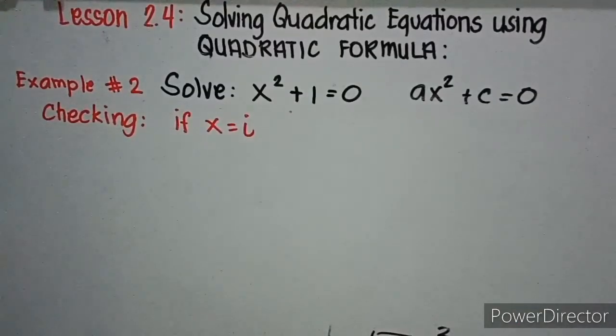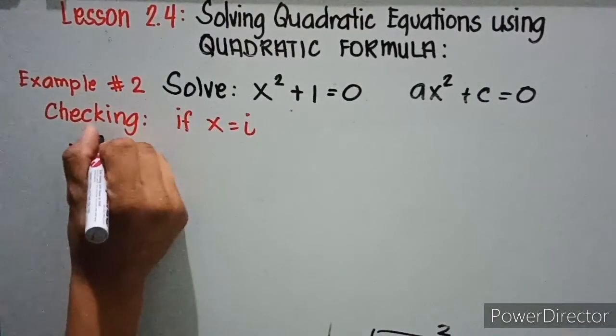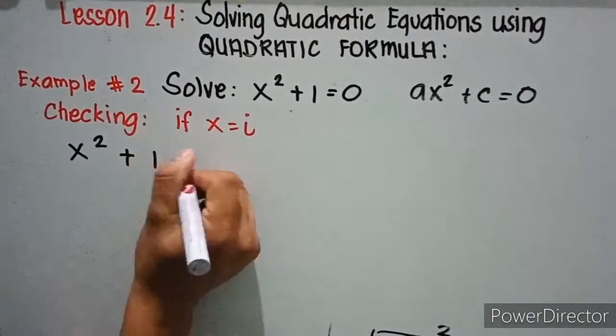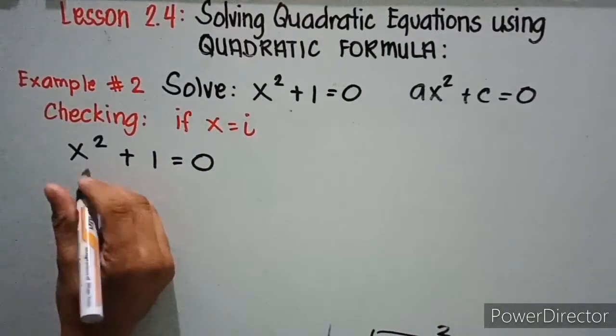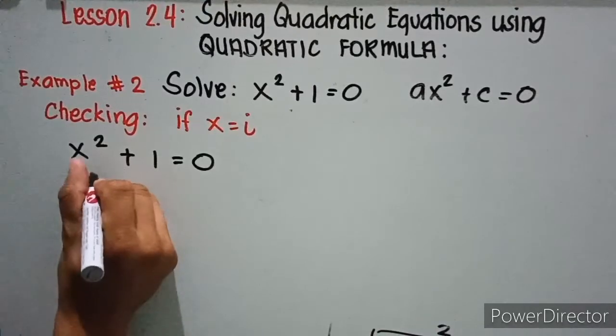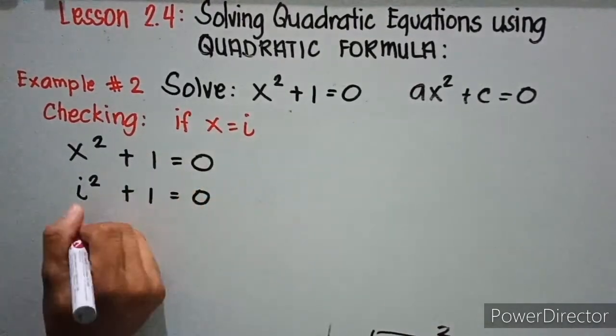Checking if x is equal to i. So from our given, x squared plus 1 is equal to 0. Since x is equal to i, that will become i squared plus 1 is equal to 0.